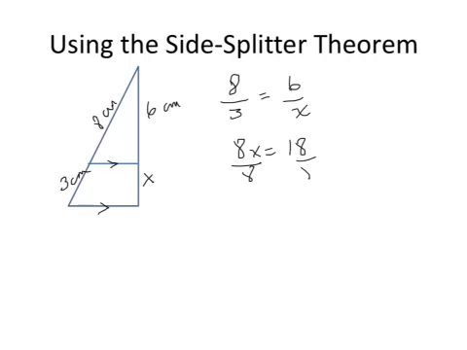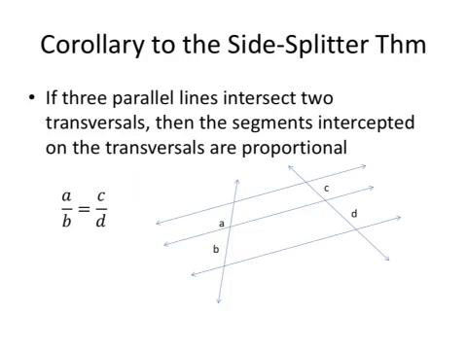Dividing by 8, I get x equals 18/8, and I will reduce that to 9/4. Okay, so this is roughly, let's see, 2 1/4. Not even roughly, it is 2 1/4 centimeters. Okay, sorry for the dog barking in the background, but that's what you get when you record at home sometimes.